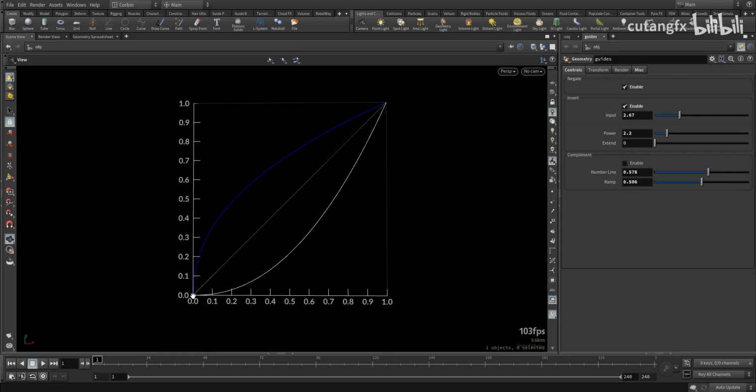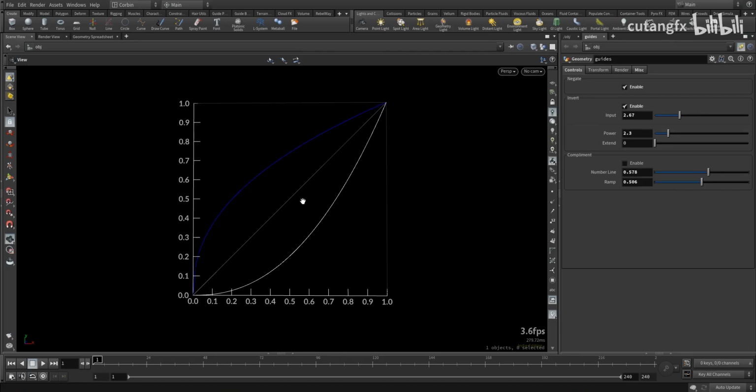It's essentially easing out and easing in, okay? So the white graph would be easing out, blue would be easing in, right? And these two are essentially just the power of, so raised to the power of something.